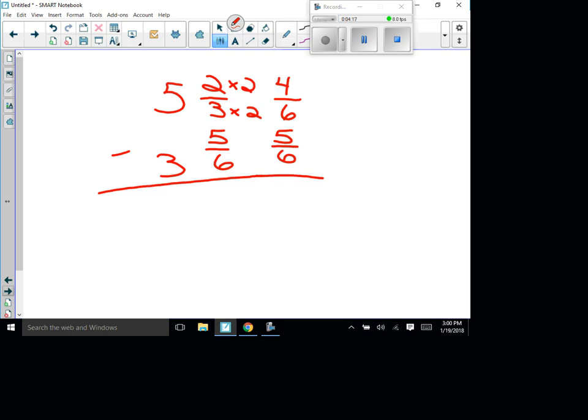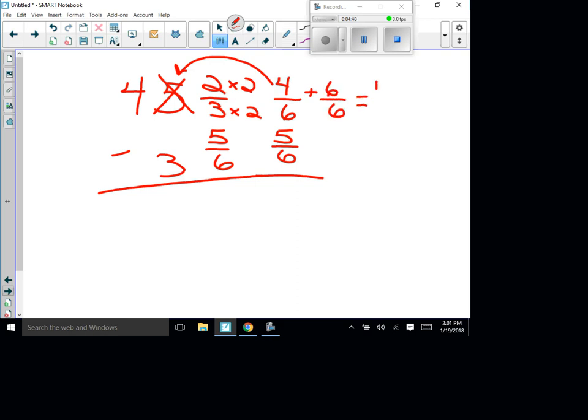You're going to say, what do I do? Do not take the bottom one and subtract the top one. What we're going to have to do is go over here and borrow from the 5. Turn this 5 into a 4. And then we've got to bring a whole out of here. So a whole for this fraction is 6/6. So we're going to have to add a whole to it, 6/6.